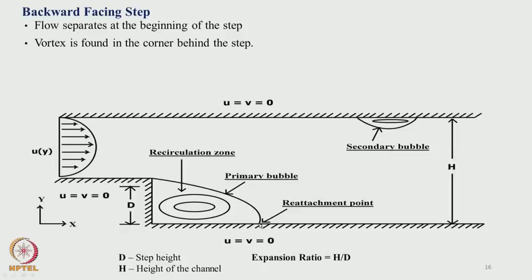Where it reattaches, that is, the recirculation zone length, depends on the Reynolds number and the flow condition. Similarly, you also observe a secondary bubble on the top wall, and the size and location of the bubble depend on the Reynolds number or any other flow condition.